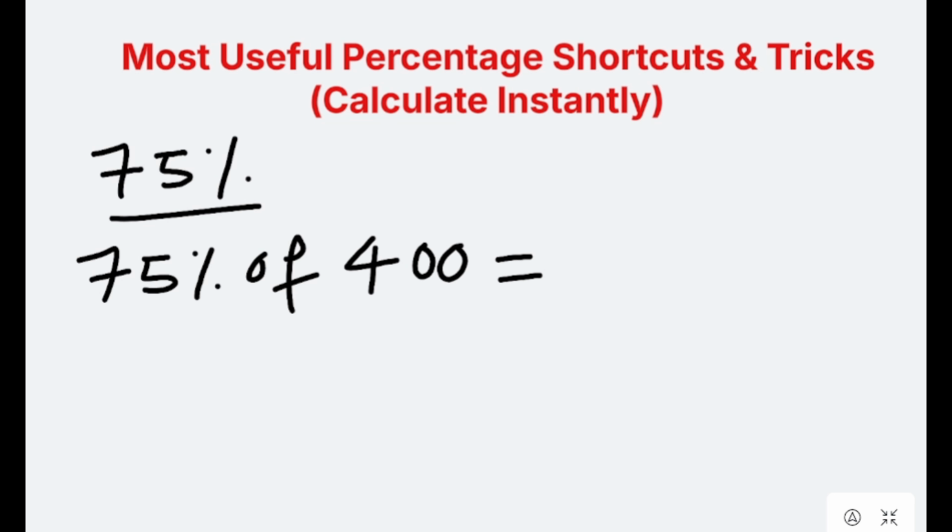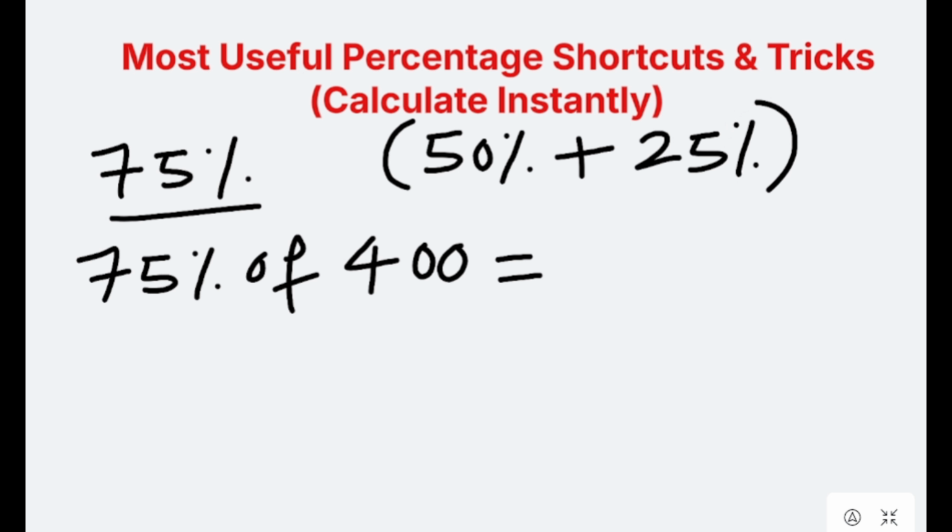To find this, the trick is first you find 50%, then you add 25%. So you need to do both here: find 50% and then add 25%.